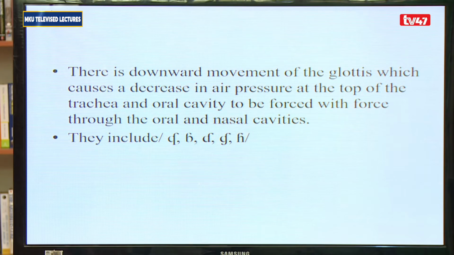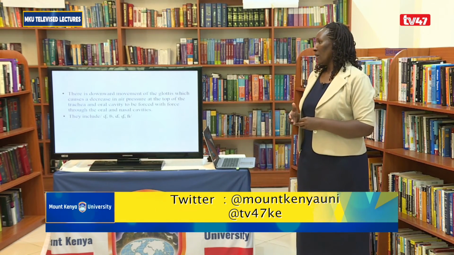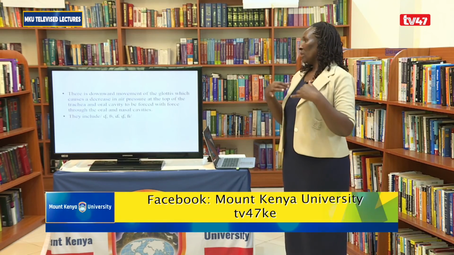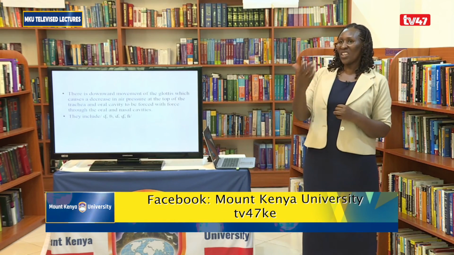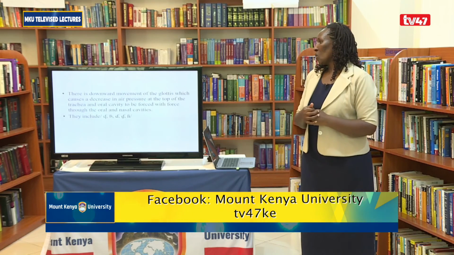We have some sounds here that are produced in this manner. These are D, B, G, H, as in house. So B for balloon, D for dog, H for house. So the downward movement of the glottis causes a decrease in air pressure at the top of the trachea and the oral cavity, and so forcing out these sounds.